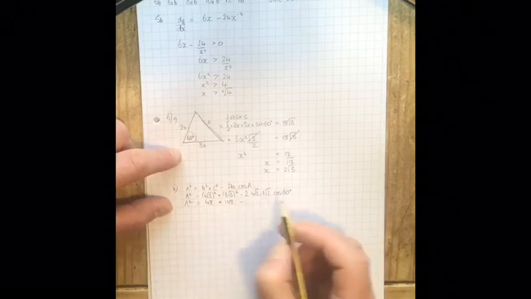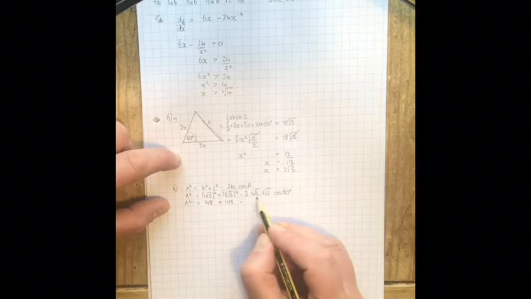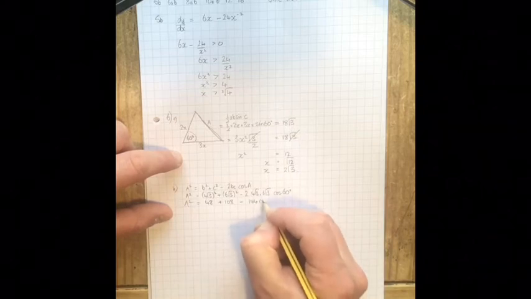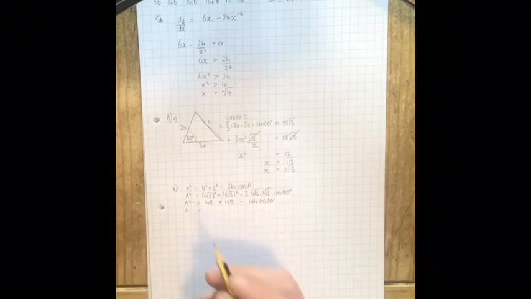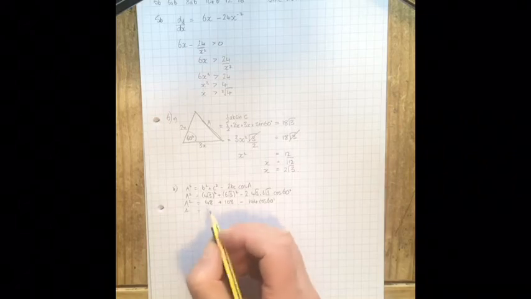I'm just churning numbers out here. Eventually you should get the answer, which was 2 root 21, or 84, sorry, square root of 84.